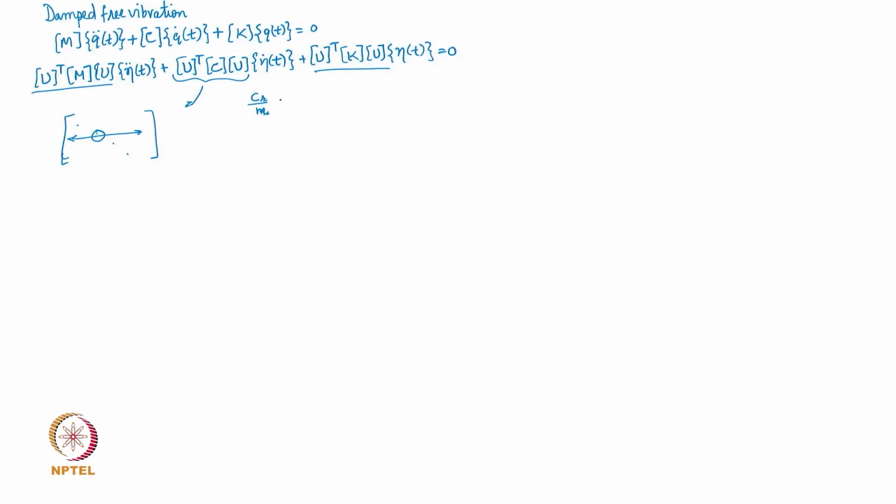Now, we can actually write this as Cr upon the critical damping coefficient Cc, times Cc over Mr, and we know that Cr over Cc is equal to zeta r, the damping ratio in the rth mode. Cc is going to cancel out Mr, because we know that Cc is 2 Mr omega Pr. So then this particular term turns out to be 2 zeta r Pr.